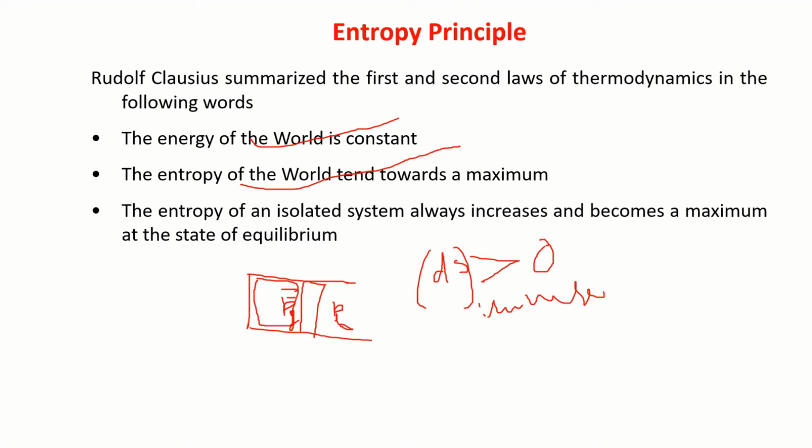If they exert pressure in an orderly way, and if this pressure exceeds this pressure, then only this can move, because there is an imbalance. With so much disorderliness, molecules will act in all directions. At the most, the pressure on this is equal to this pressure, it will never move. Then we say this is an equilibrium state. If the entropy increases and becomes a maximum, then all these things will attain equilibrium state. So that is the meaning of that.